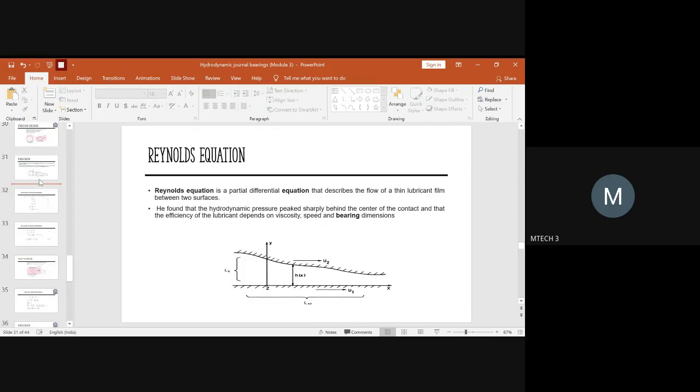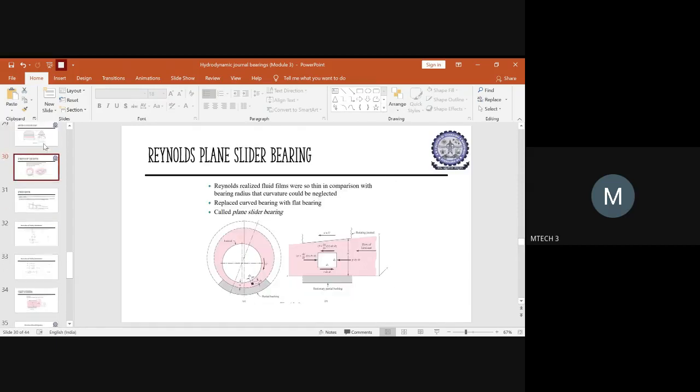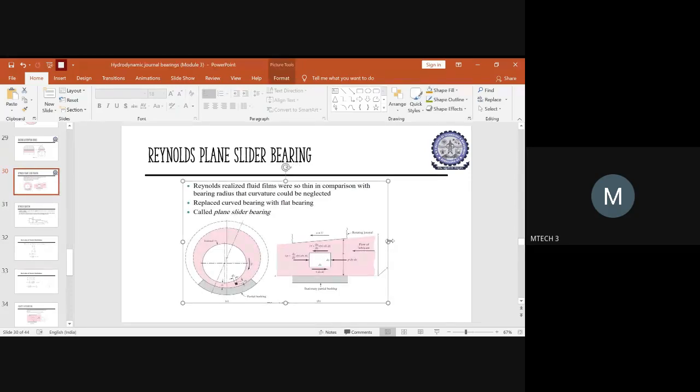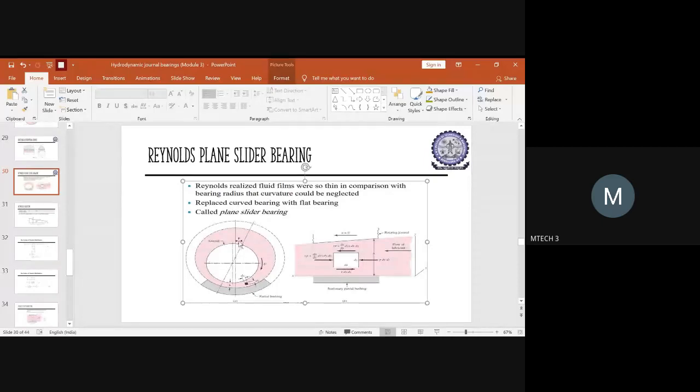Before this there was one more diagram here that I just filled out. So this you have to understand. In the Reynolds equation derivation, we assume that the lubricant should be a very thin film, and since the hydrodynamic fluid film is of negligible thickness, even the radius of curvature could be neglected.